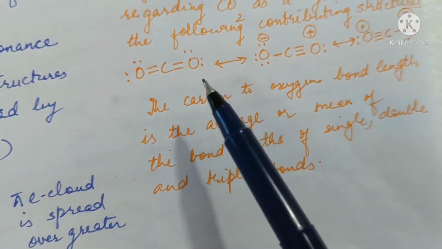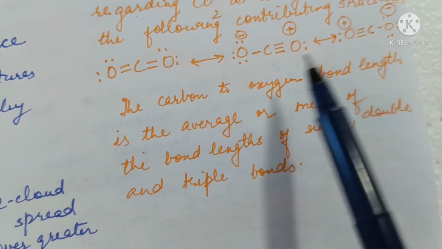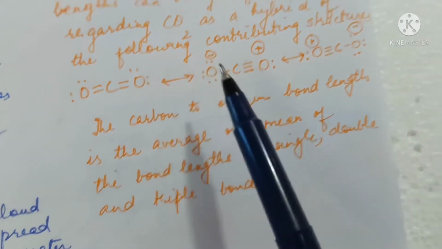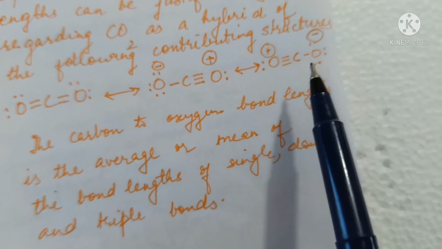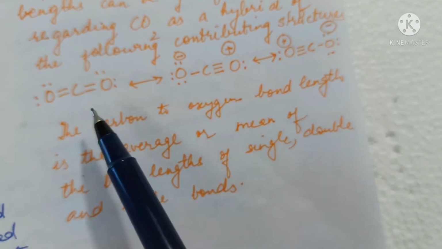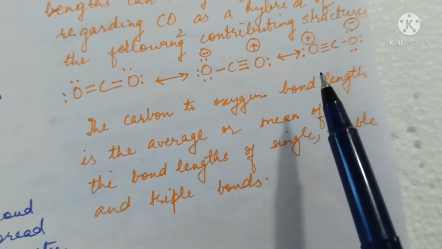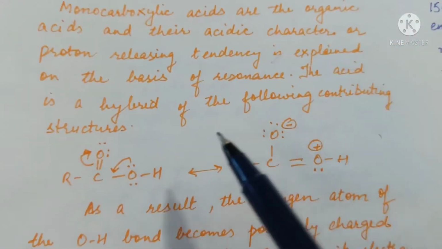This can be explained from the various contributing structures for carbon dioxide. In this structure, there are two double bonds, a single bond and a triple bond here, and a triple bond and a single bond here, and the actual bond length will be the average of the double, single and triple bond lengths.